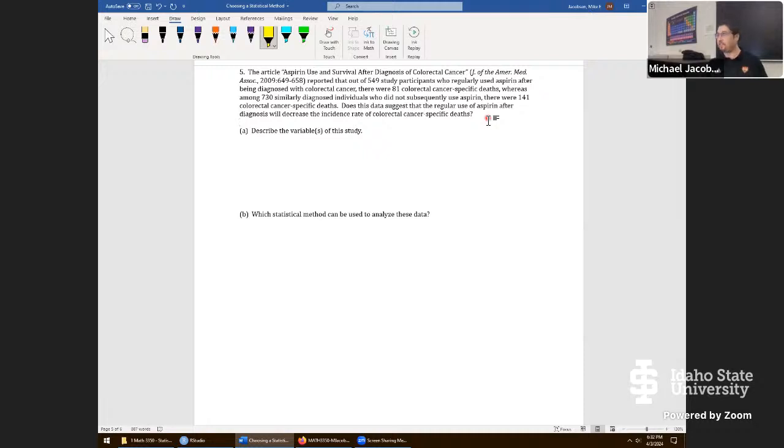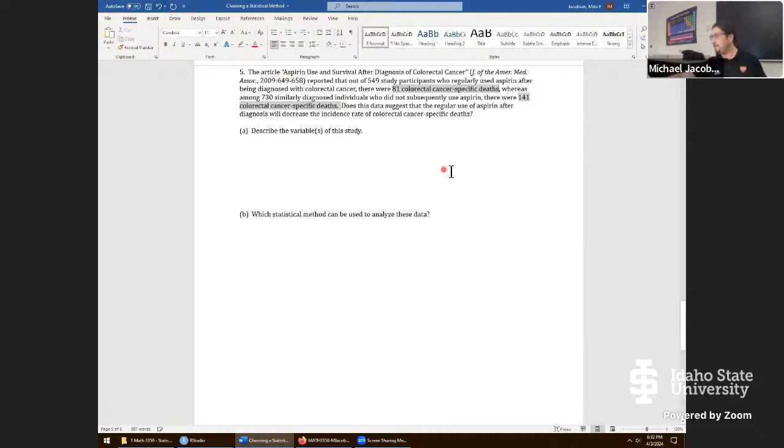Let's maybe start off with this right here. Notice they mentioned 81 colorectal cancer specific deaths, and then they mentioned again 141 colorectal cancer specific deaths. See if I can highlight that. There we go. So that looks like successes and failures all of a sudden. A success would be dying to that cancer.